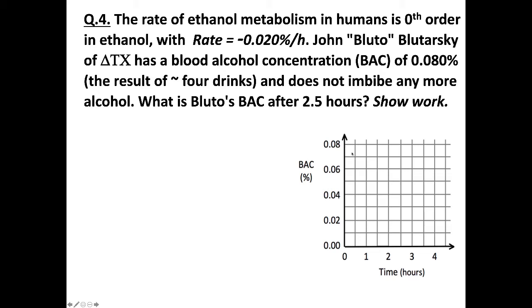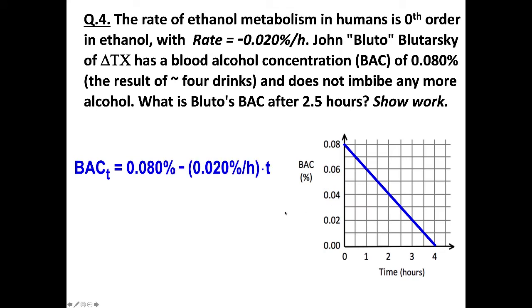It's going to go down by 0.02% in 1 hour, another 0.02% in another hour, etc. So the graph should look something like this. And then after 2.5 hours, you should be able to say, well, looks like we're at about 0.03% for the blood alcohol content.